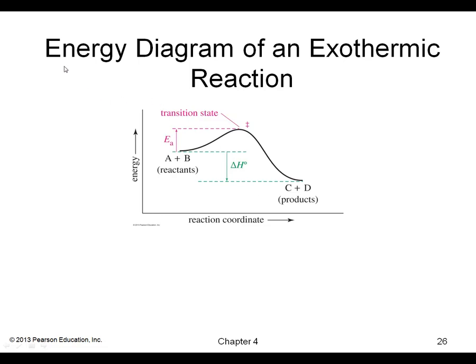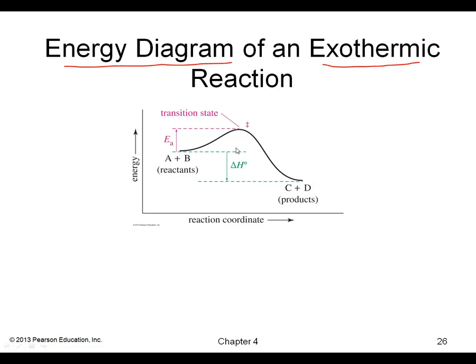Here's an energy diagram of an exothermic reaction. We always draw the reactants on the left-hand side of this curve and the products on the right-hand side, and there's a hill in between them.